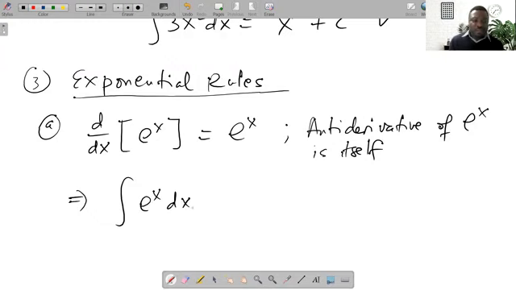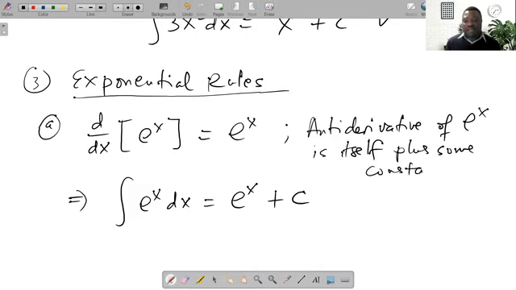the integral of e to the x dx is the same as e to the x, but remember that you need to attach a c. So if you want, you can say it itself plus some constant, so that at least it doesn't become a misleading statement here.